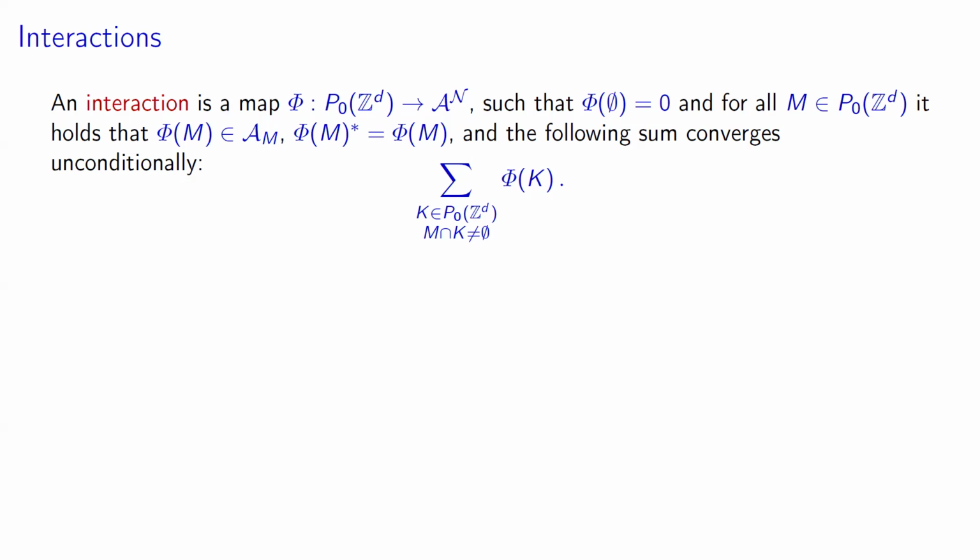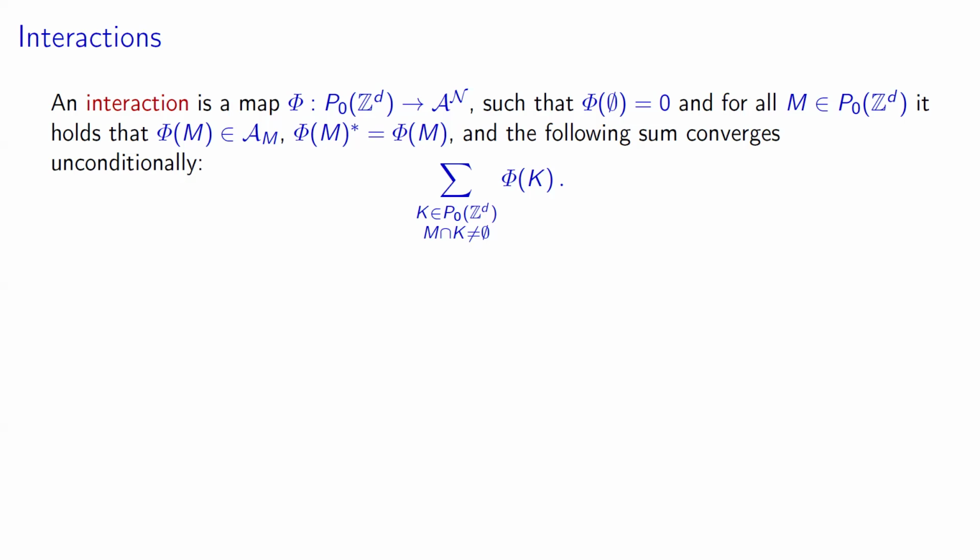So an interaction is a map that takes finite subsets of Z^d and maps them to operators that are gauge invariant in such a way that for each finite set M, phi of M is an operator supported on M. Okay? And we also assume that all these operators are self-adjoint.